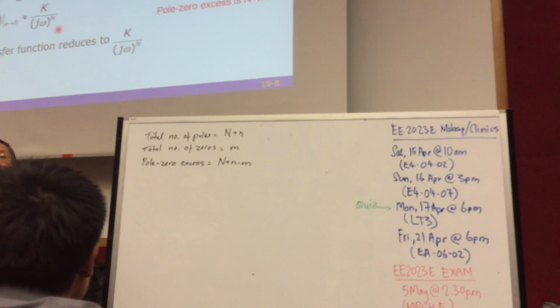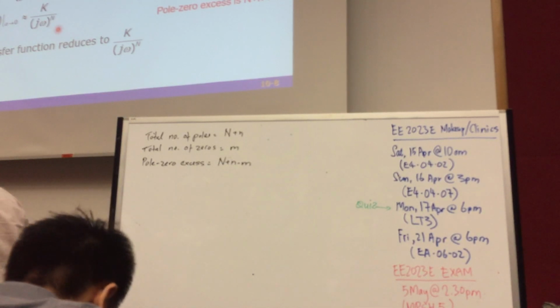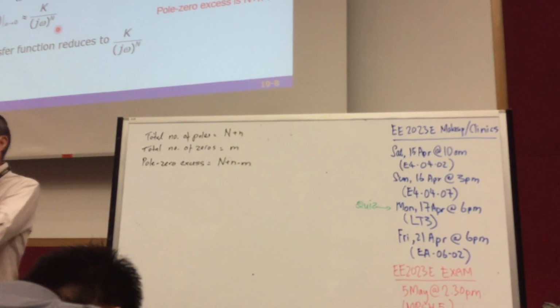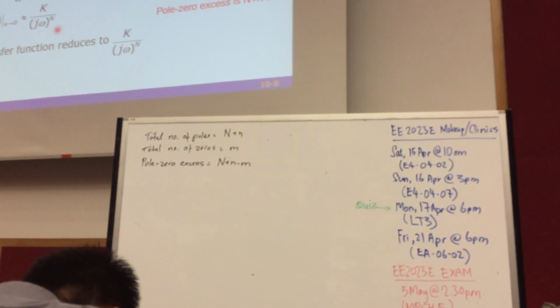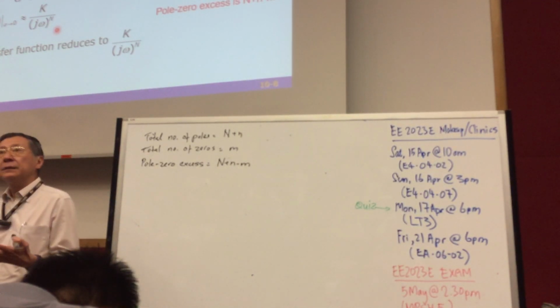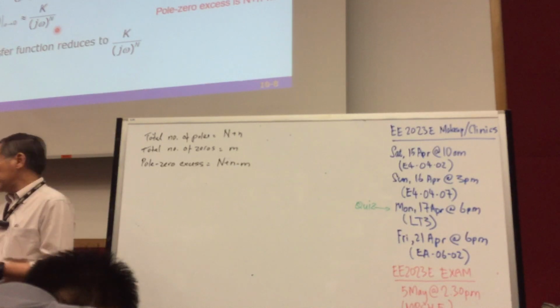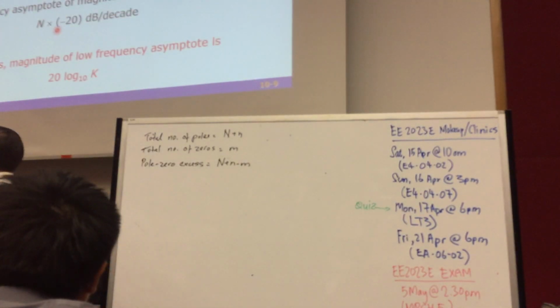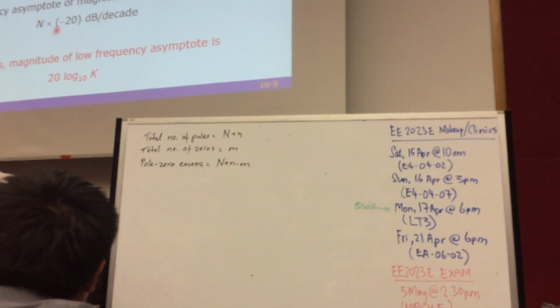So if omega is very small, it reduces to k over j omega to the power of N. Again you can plot the magnitude and the phase.